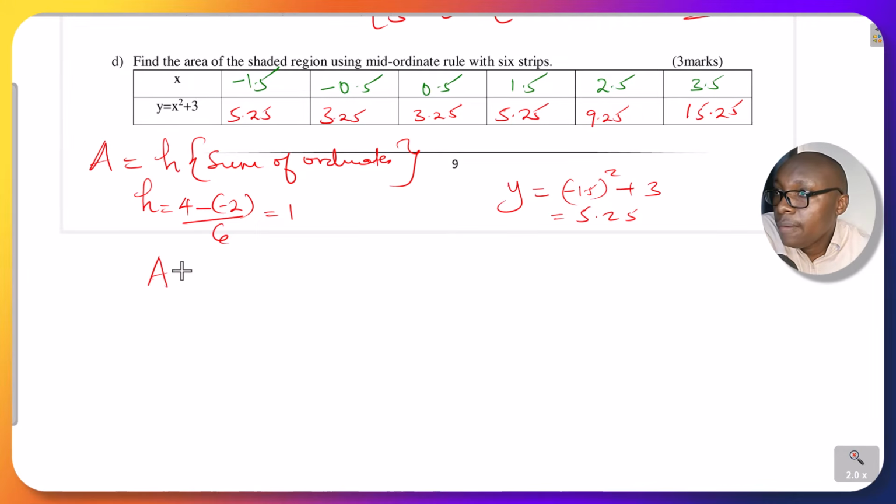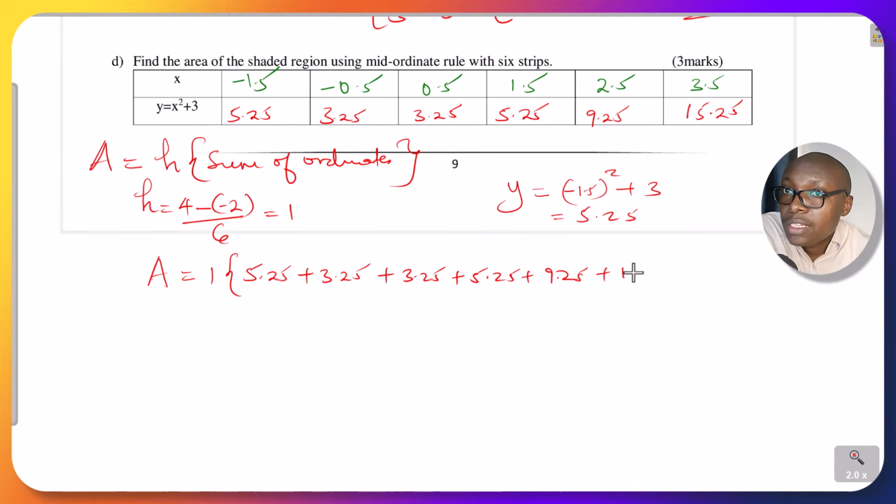So we have area is equal to height, which we got as 1, then times the sum of all these ordinates. So 5.25 plus 3.25 plus 3.25 plus 5.25 plus 9.25 plus 15.25. So you add all these using a calculator.